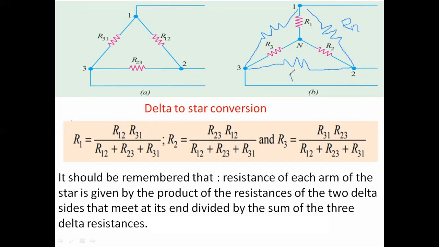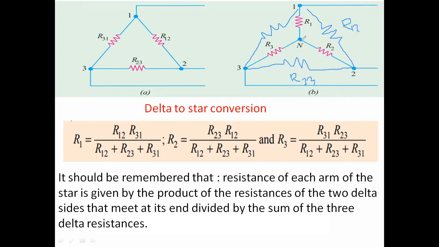Similarly, R23 is R2 plus R3 plus R2 into R3 by R1, and R31 is R1 plus R3 plus R1 R3 divided by R2.